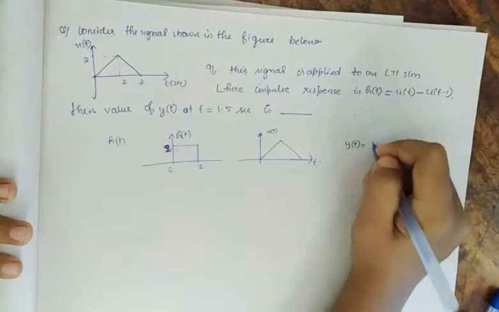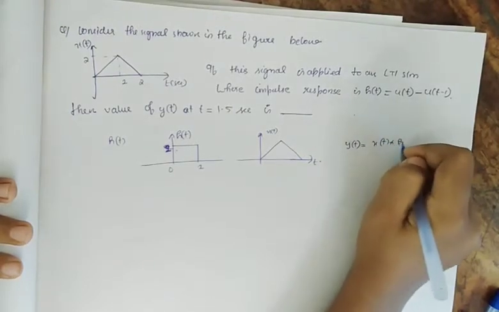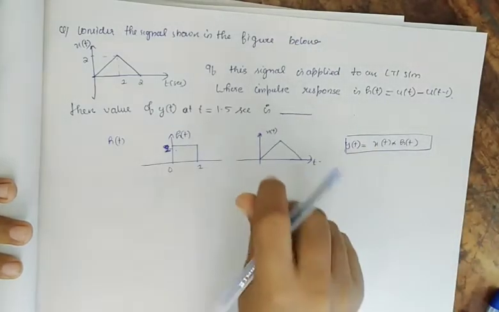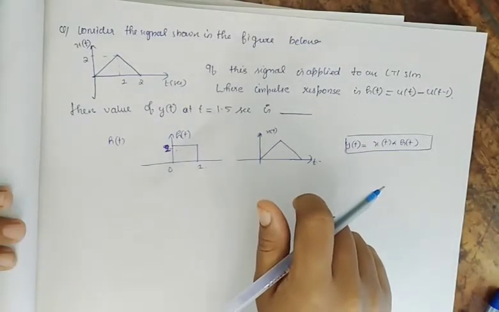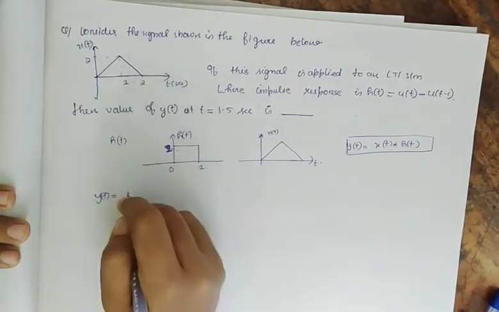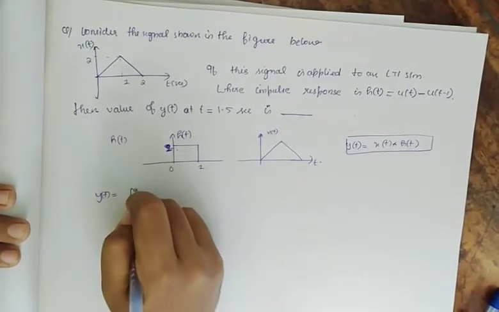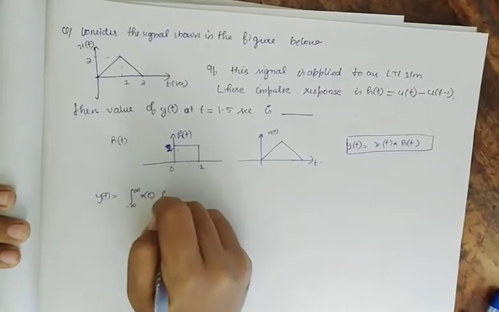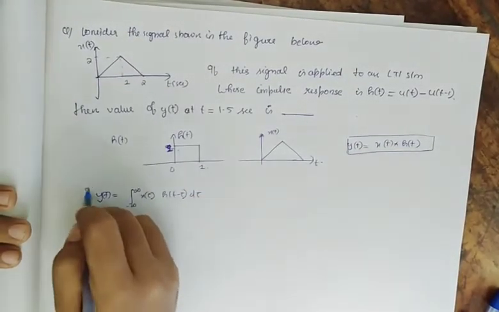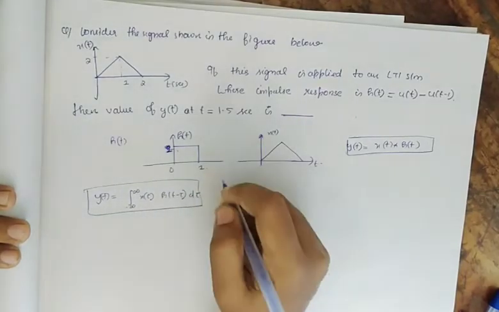The output of an LTI system is x of t convolution h of t, right? So this is a formula. So y of t is, what is the formula for convolution? Y of t is equal to integral minus infinity to infinity x of tau h of t minus tau d tau. Okay, so this is the equation for convolution.